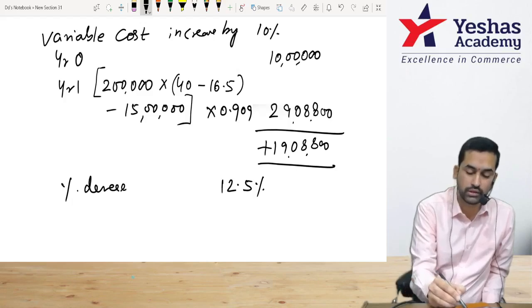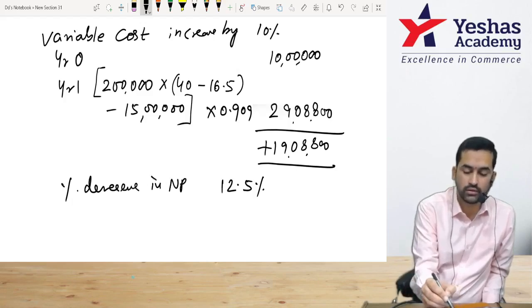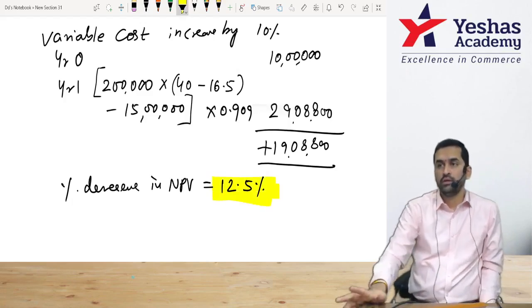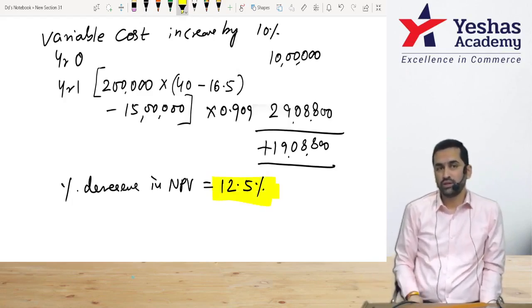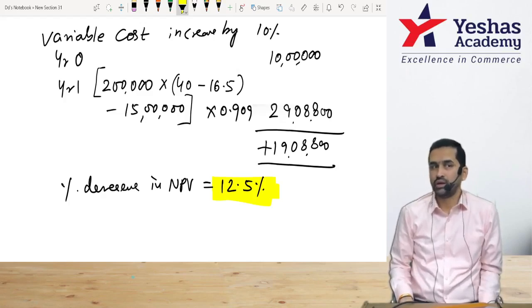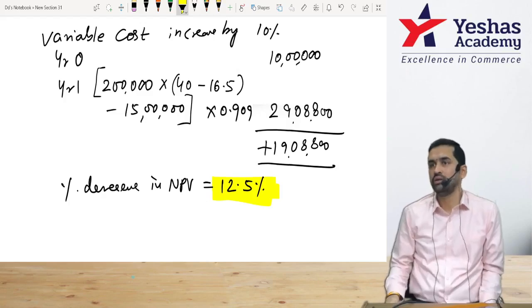Yes, percentage decrease in NPV. Now, what is the meaning of variable cost going up? If your supplier starts increasing the price, then it's not a big problem to you, correct? Raw material cost goes up by 10%.